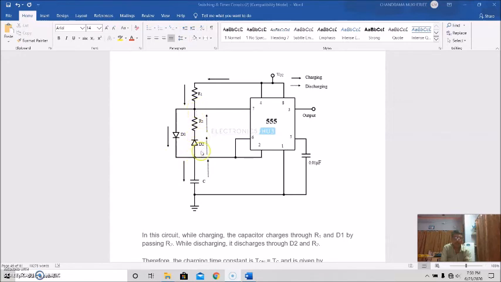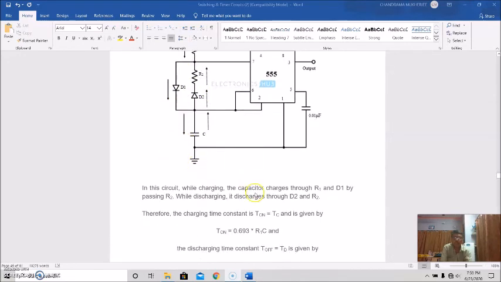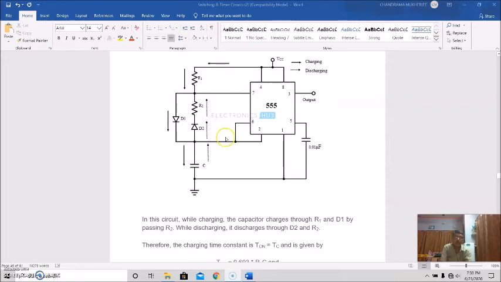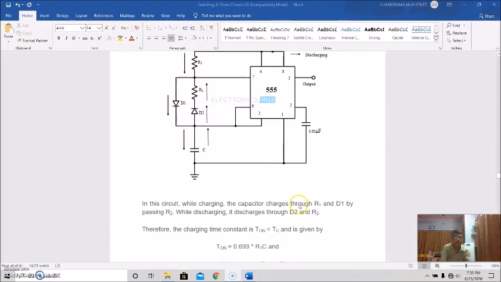While charging, the capacitor charges through R1, because this diode is not conducting unless it is forward biased.